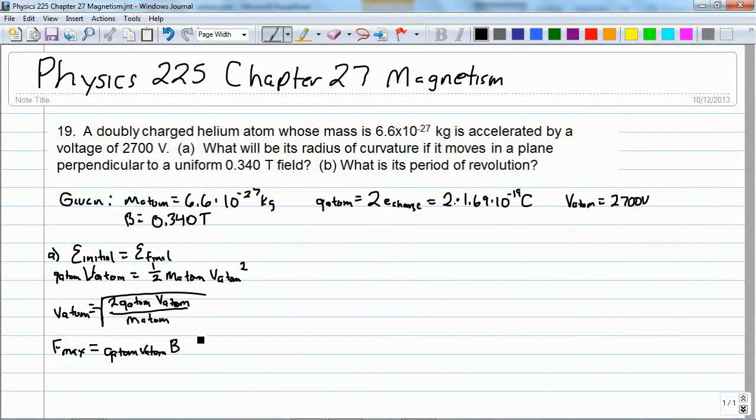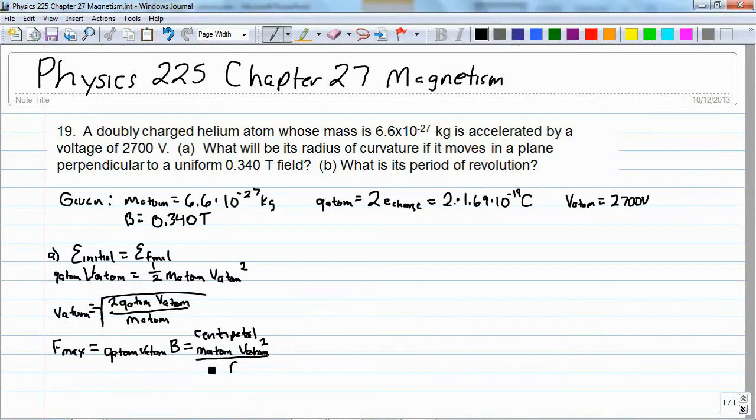And that's just going to equal the force, and this will be the centripetal force, which is the mass of the atom times the velocity of the atom squared divided by r.